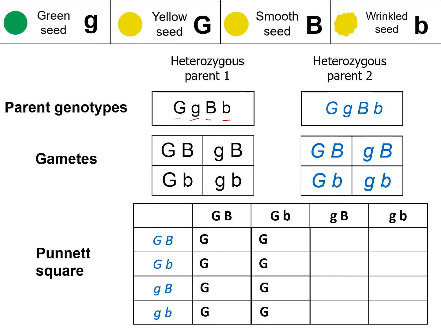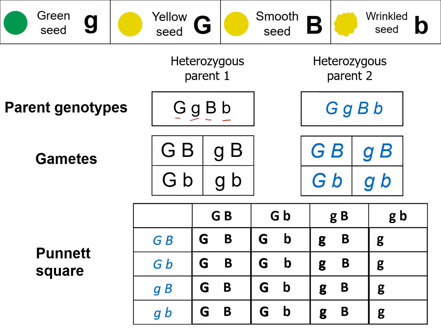Now, when writing in combinations, I would always suggest that you do a row or a column at a time. If you try doing each box individually, it's very easy to make simple mistakes, which can cause all sorts of problems in subsequent parts of the exam question.